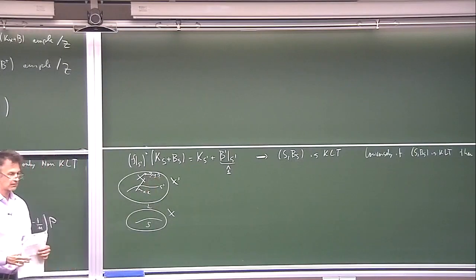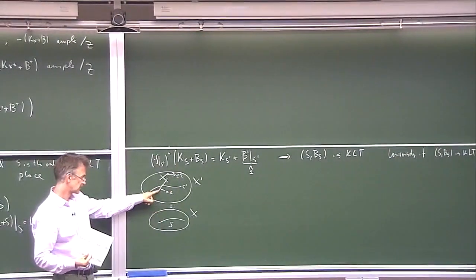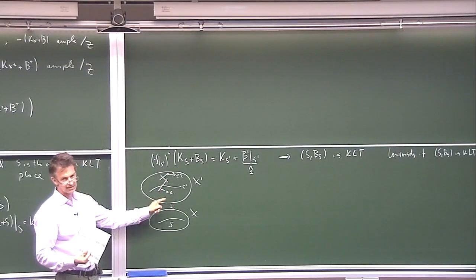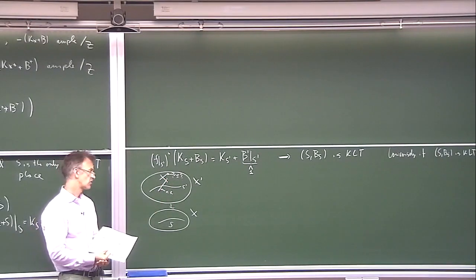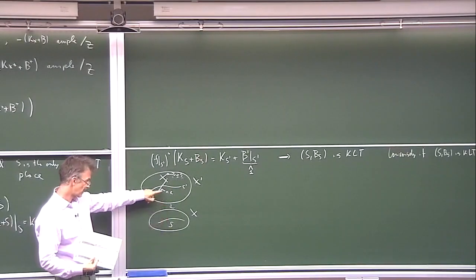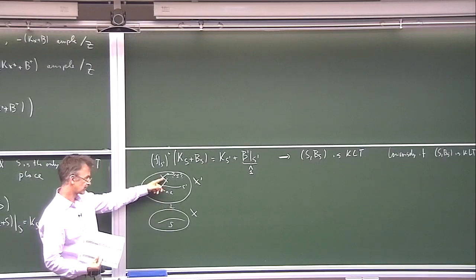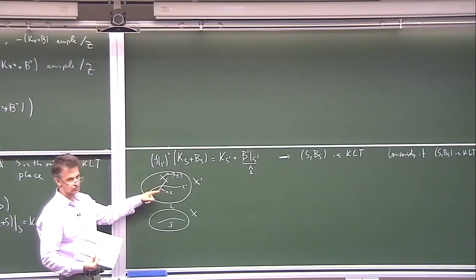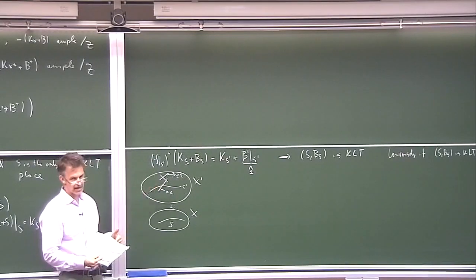Because the strict transform of S only sees those exceptional divisors for X prime over X which actually intersect S prime. Now, the point is that by the connectedness theorem, if I look at fibers of this map and intersect them with the non-KLT locus, the stuff with coefficient greater or equal to 1, then that is connected.